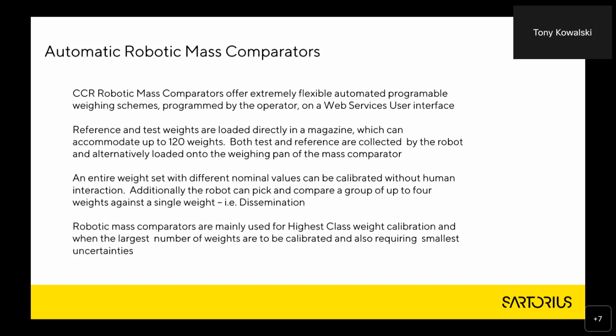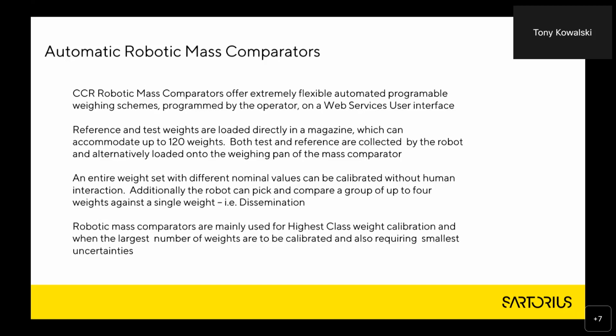So it's great that you can load an entire set of weights, all with different nominal values, and they can be calibrated and adjusted, and the results stored in a file which you can extract and then produce the calibration certificates.